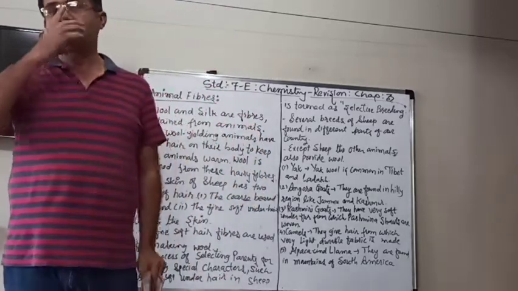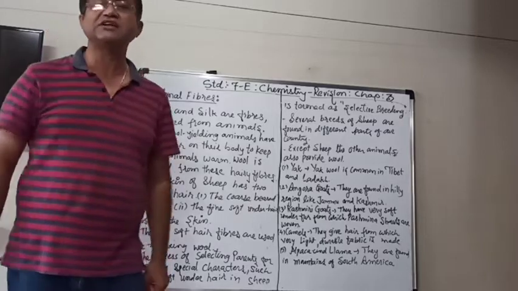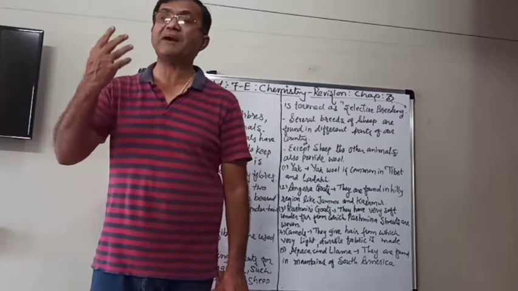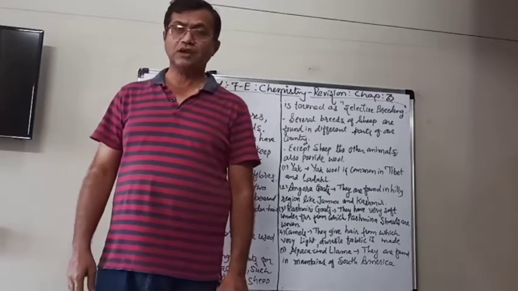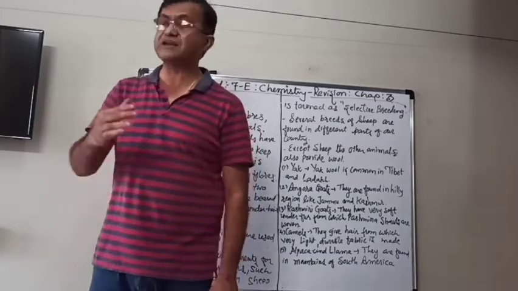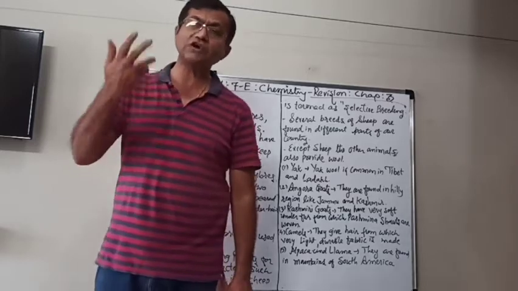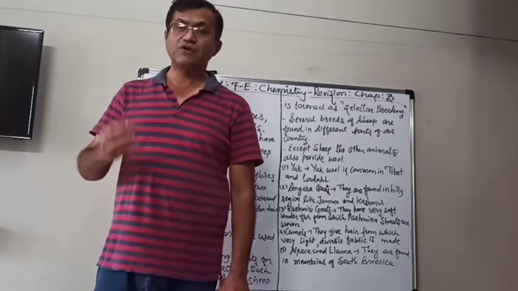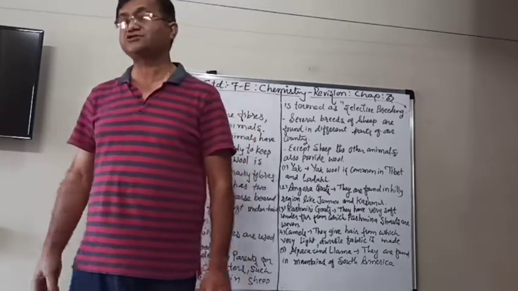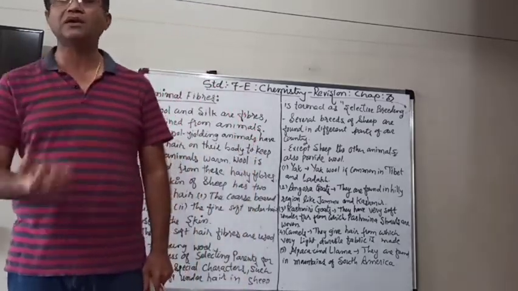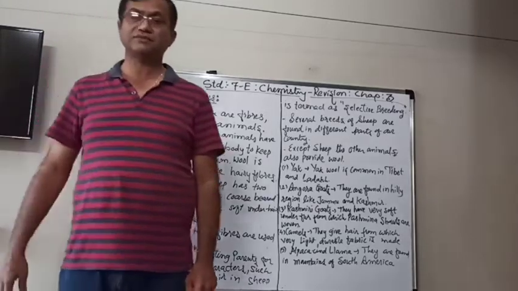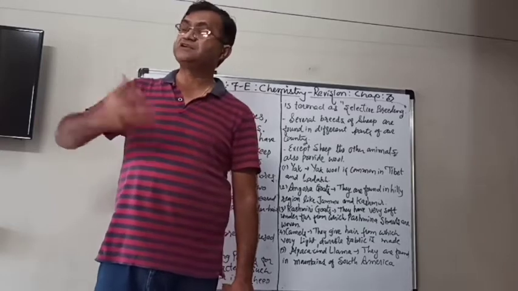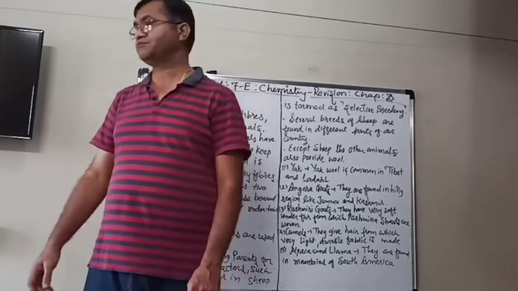It means the people who are working with this business will choose the parents of the sheep such that they can give birth to those sheep who only have that fine soft under hair, so that they can have more of those fibers of the wool and they can make different articles from them.